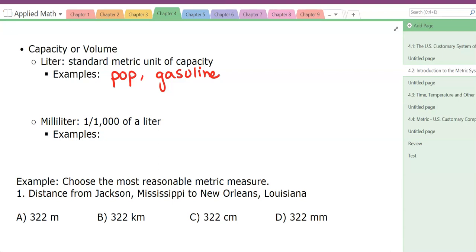Milliliters would be really small again. So it could be used for medication if you've got a liquid medication. A lot of children's medication is liquid because they don't understand how to swallow a capsule of anything. So they do a lot of liquids for that. Or even perfumes.